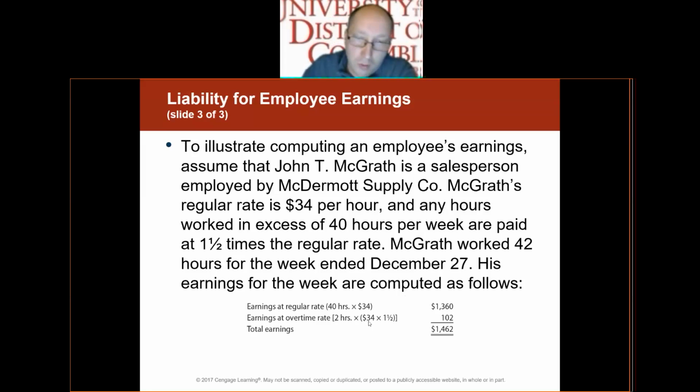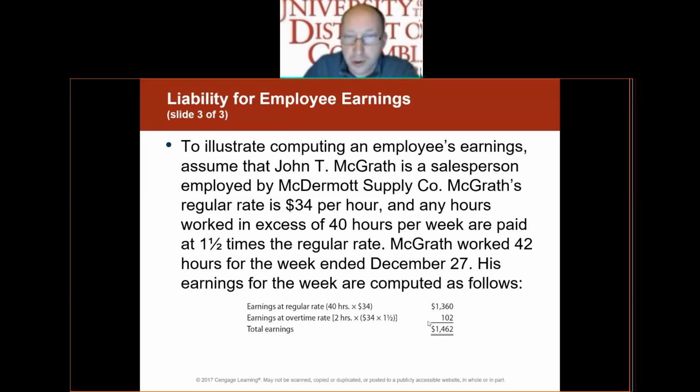So we have $34 per hour times 1.5, which is also time and a half, right? One and 1/2. So $34 times 1 1/2, or 1.5, times 2 hours is $102.